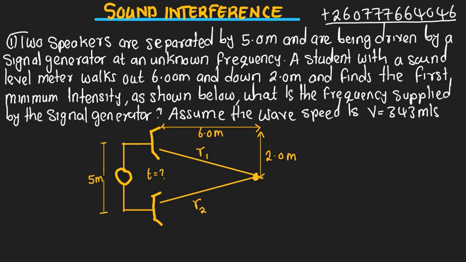Then a student with a sound level meter walks out 6.0 meters and down 2.0 meters and finds the first minimum intensity, as shown in the diagram below. You are to find the frequency supplied by the signal generator, and you assume that the speed of sound at that particular moment is 343.